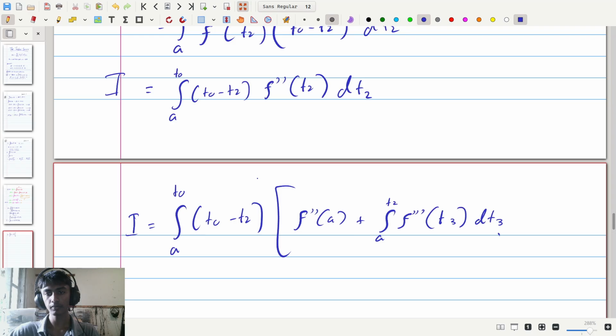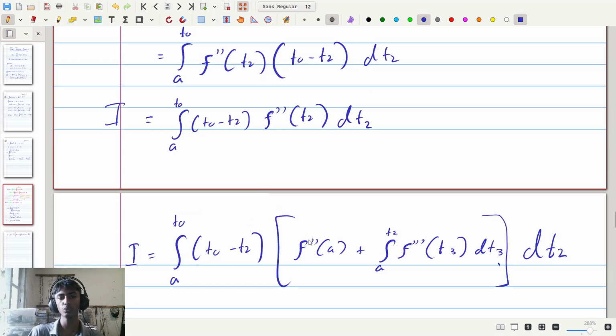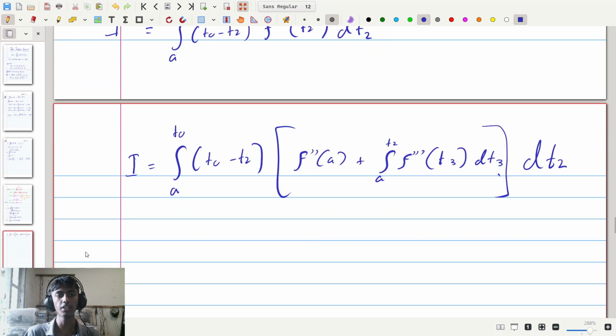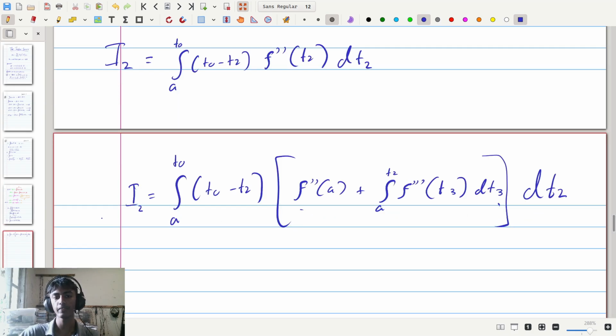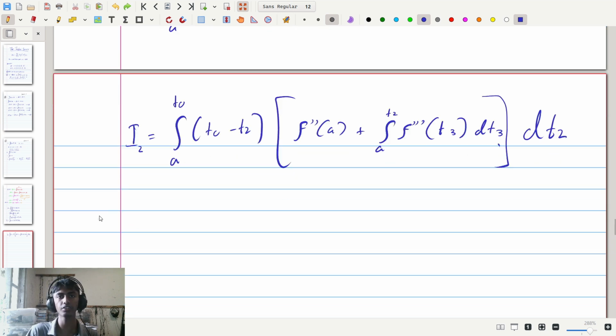And then that whole thing integrated dt2. So now we are going to have this integral here. This integral is integral number 2 or I2. Here we can see once again we have a sum of two terms which we can break and evaluate separately. So we're going to do exactly that.